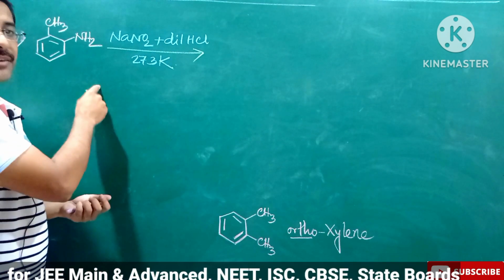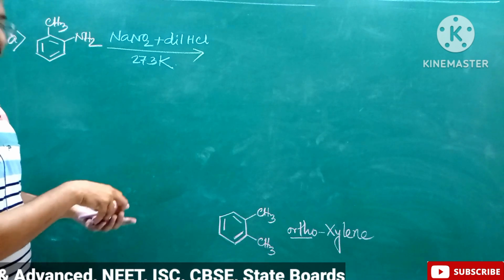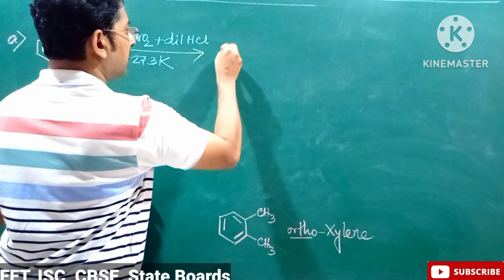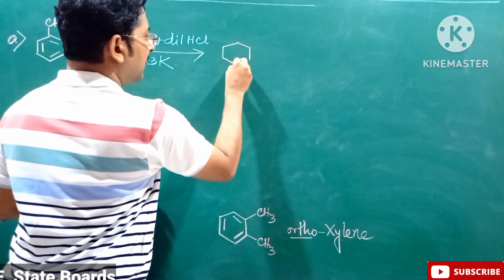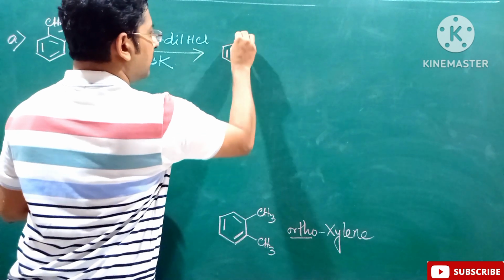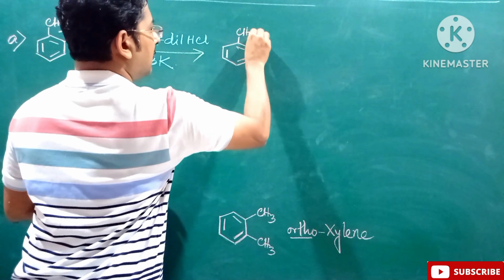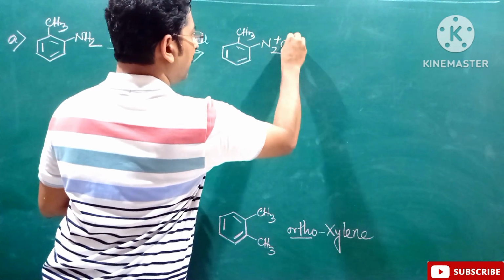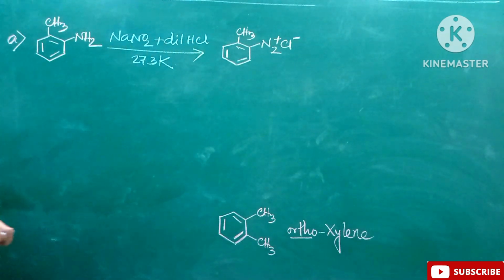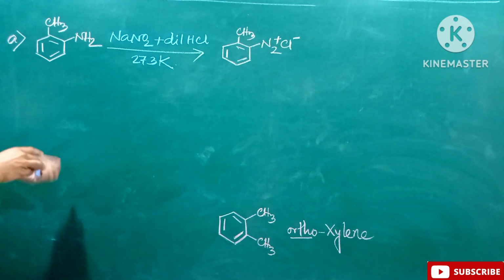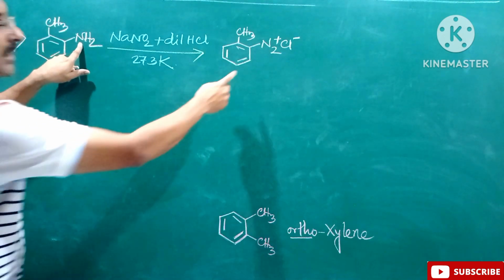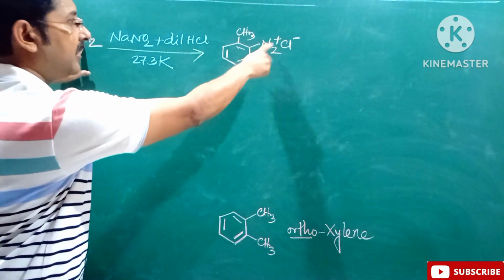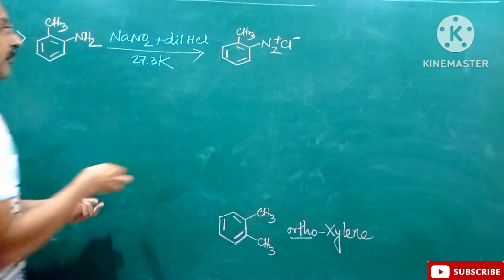Do you know the name of the reaction? It is diazotization. So on diazotization, this molecule has been converted into N2+ and Cl-. This NH2 group is converted into a diazonium salt, where Cl- is the counter ion.